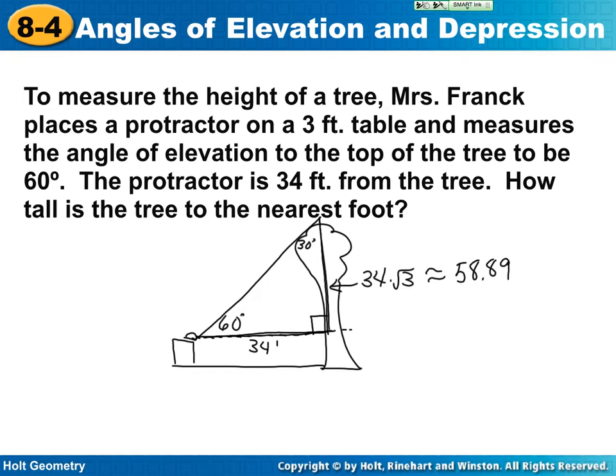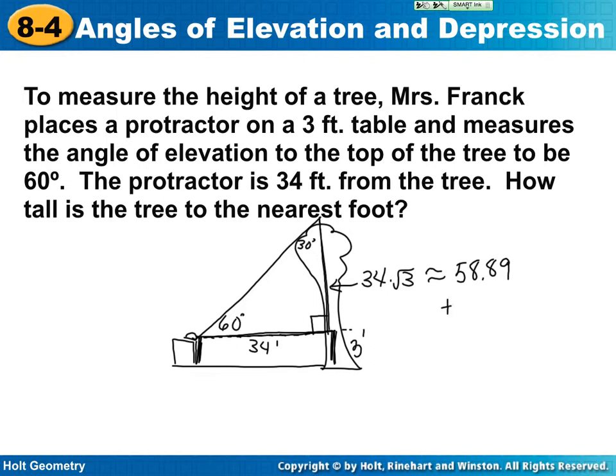Okay, now that's not the answer to the problem. The problem's asking how tall the tree is. The tree is not 58.89 feet tall. Because of the table where the protractor is, it's 3 feet up from the ground. So don't I have to add on 3 feet?